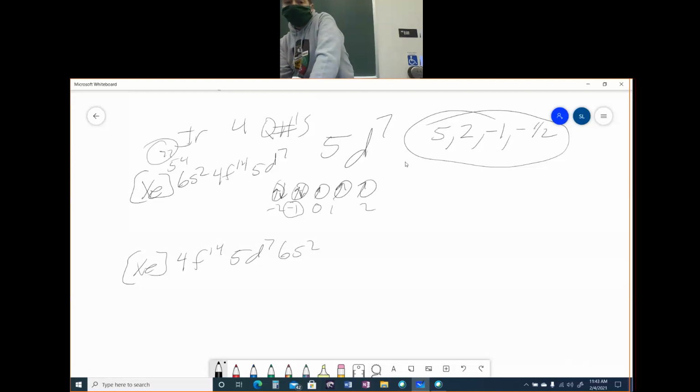This would be a great question for calculating the effective nuclear charge. It would be calculated for the 6s2, for the 5d7, and for the 4f14.